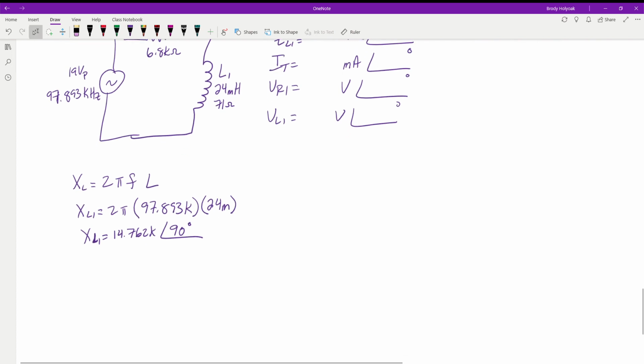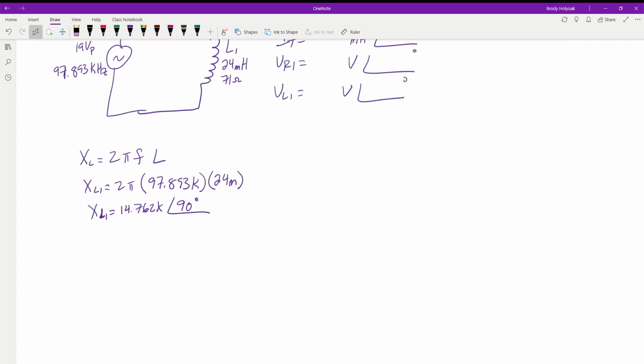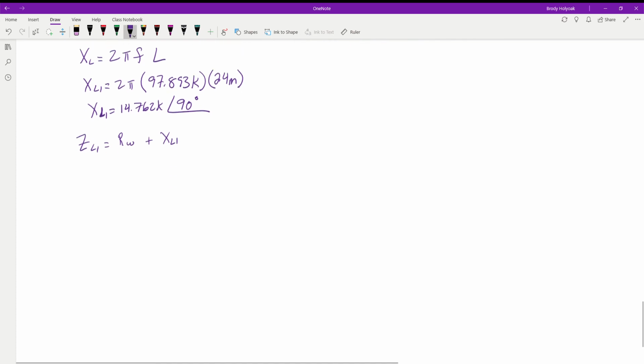Now we want to solve for the impedance of this inductor, so we can get the total impedance of this entire circuit. So the impedance of L1, remember, is going to be the winding resistance plus the inductive reactance of this inductor.